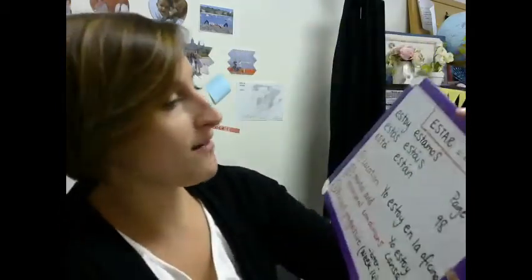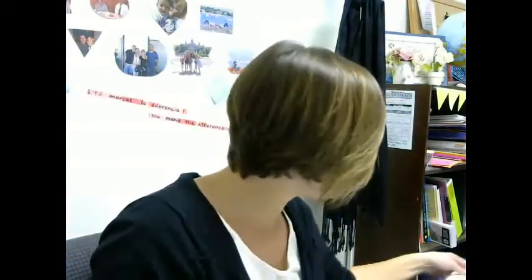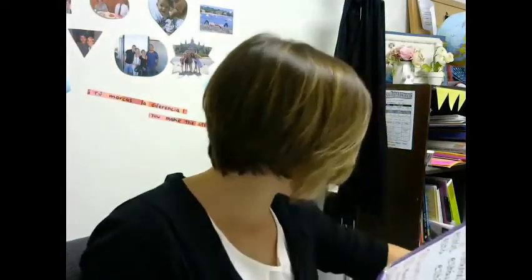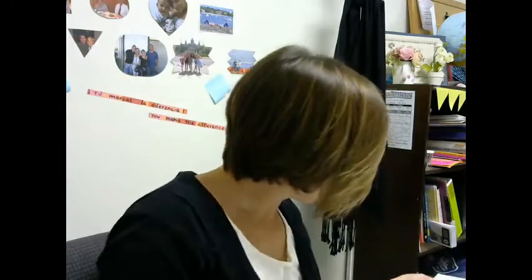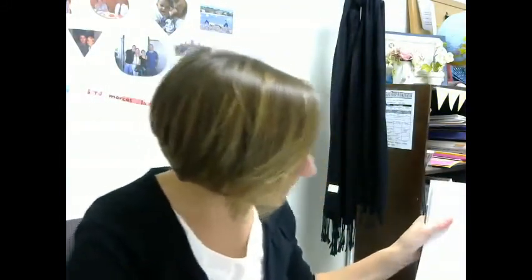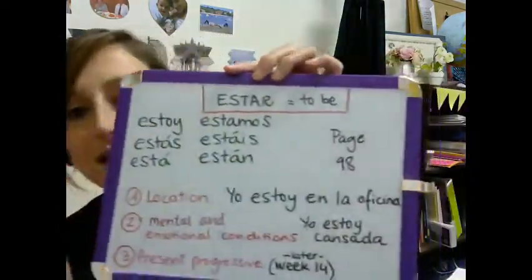And then you have other emotions on page 98: aburrido, bored; cansado, tired; contento, happy; enfermo, sick; nervioso, nervous. With all those expressions of feelings and emotions, you would use the verb estar.